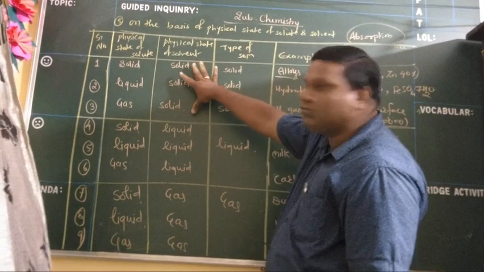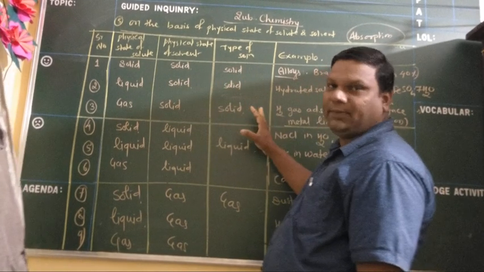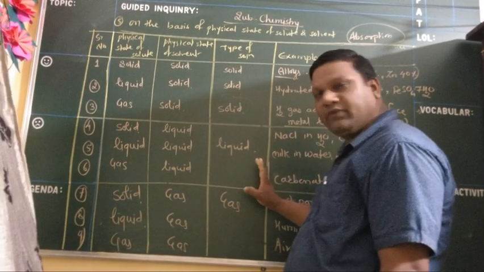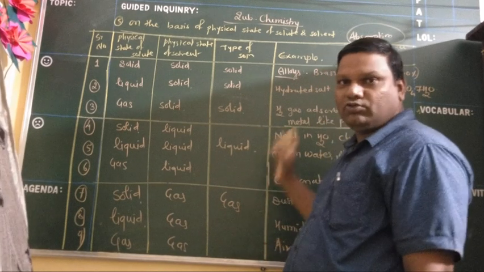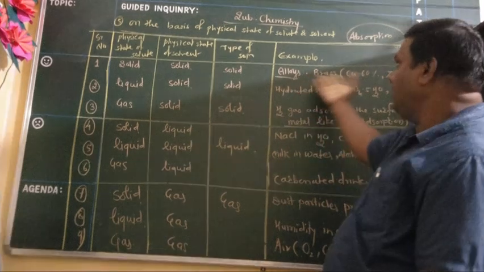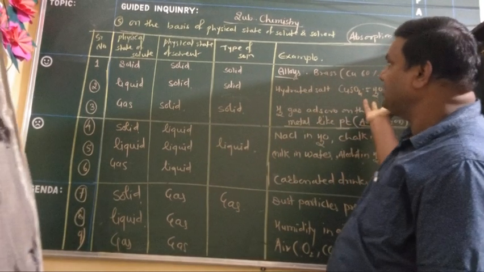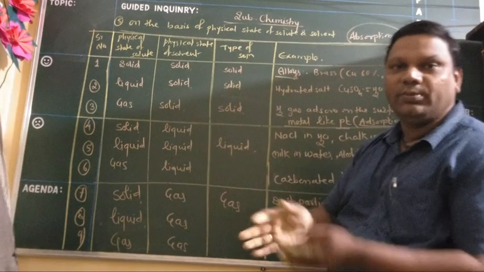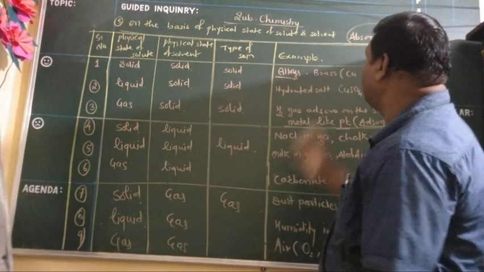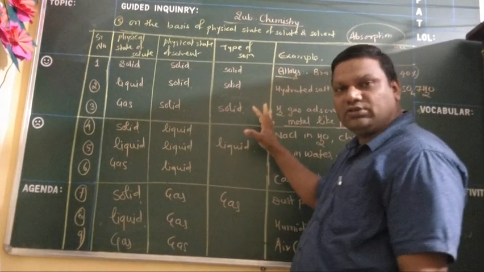Suppose we take all three times solid as solvent, that time three solid solutions, three liquid solutions, and three gaseous solutions. So 3 into 3, that is a total of 9 types. Okay, I will give you some different examples of this classification of solutions on the basis of physical state of solute and solvent. Is it clear? Kindly note this down. Okay.